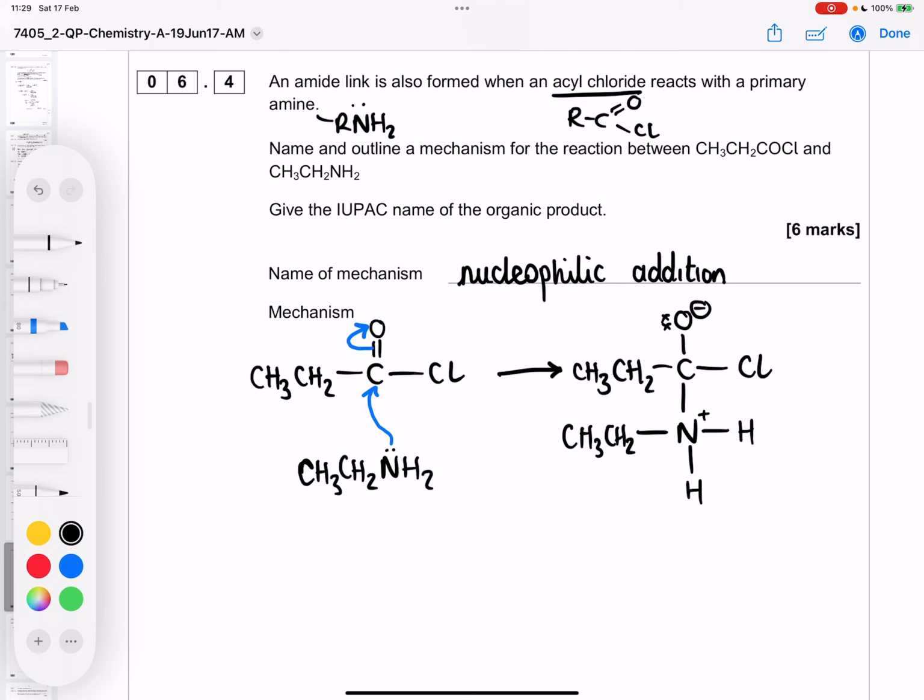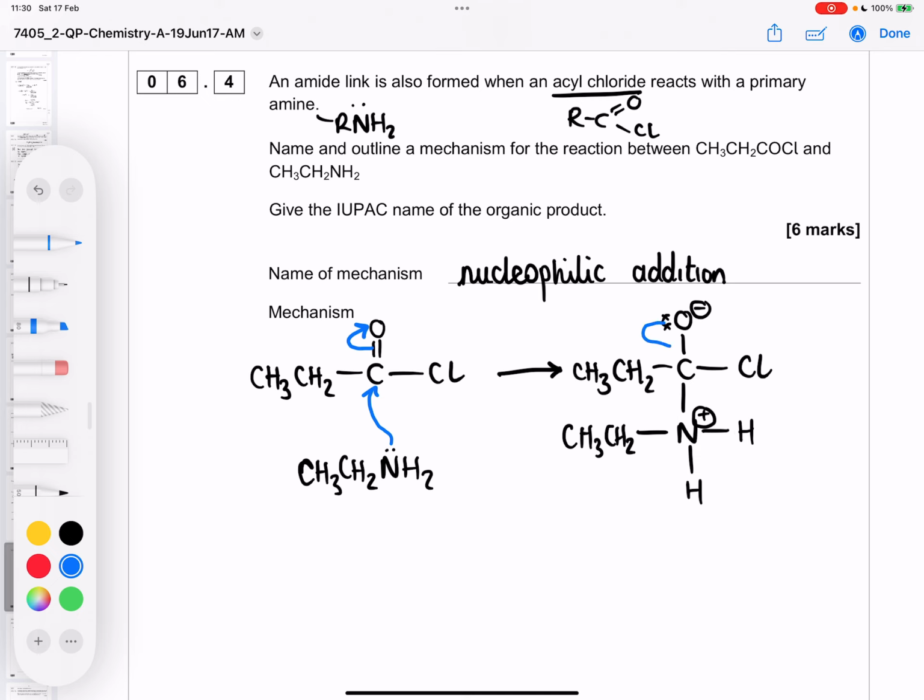Now the tip I would have is when you're drawing this intermediate, make sure that it has the 1, 2, 3 of the intermediate. So we have 1 lone pair, 2 charges and 3 curly arrows. 1 lone pair here.